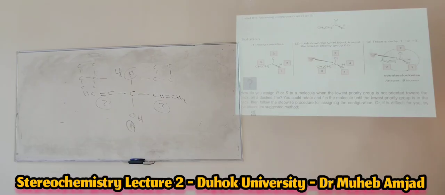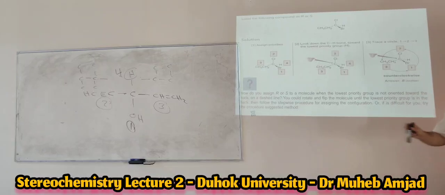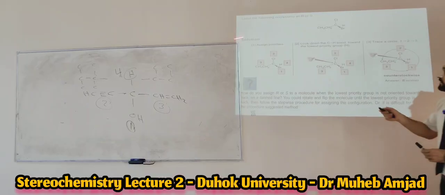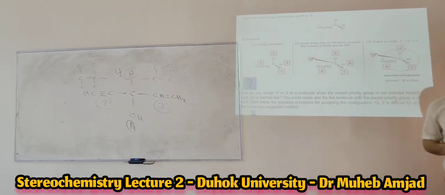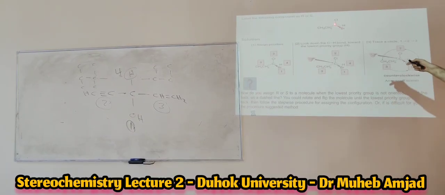Label the following compounds as R and S. Okay. I have to stop here, just at this slide. We have an example here. Label the following compound according to the S and R system. This, we just take as an example. The hydrogen is far from you, directly.